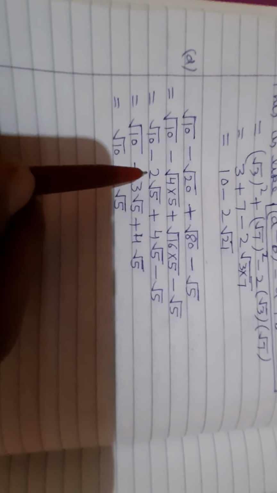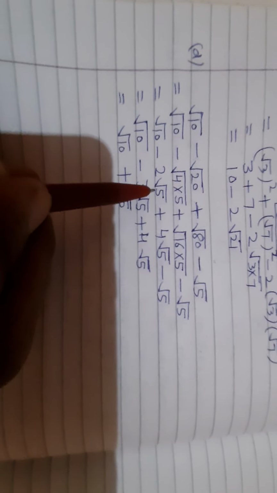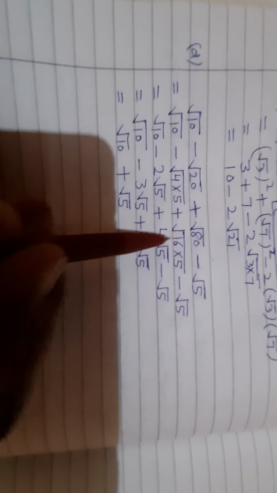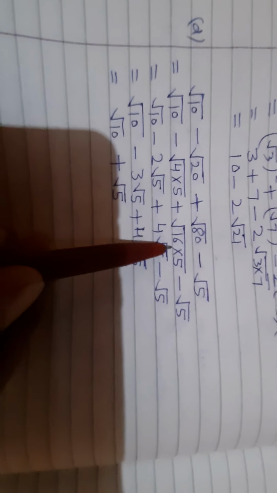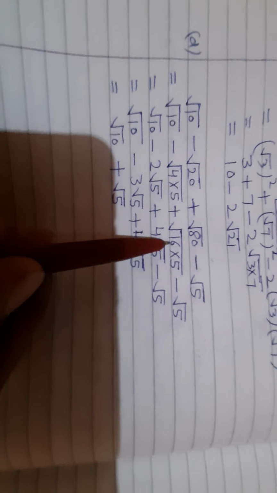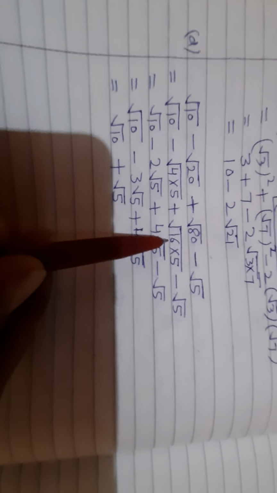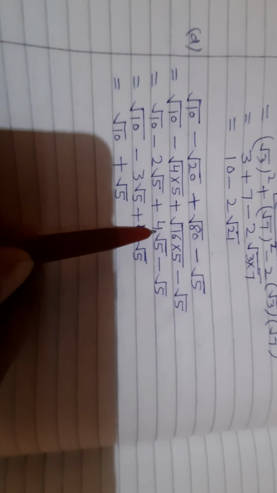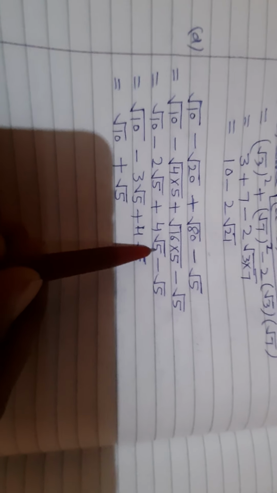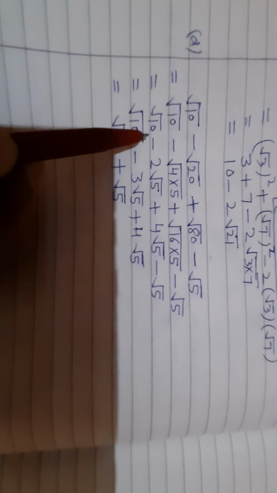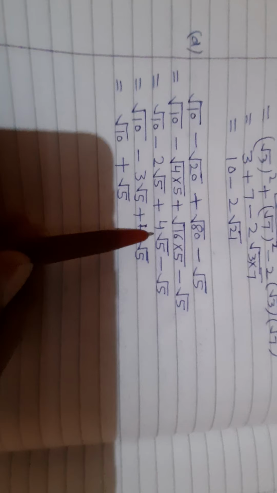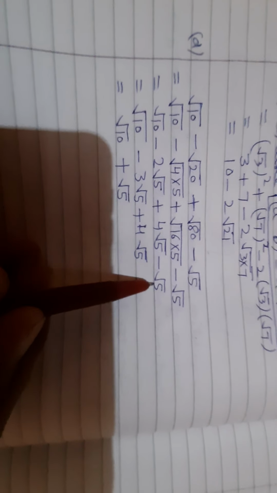So out of under root 20 we got 2 under root 5. Similarly, square root 80 can be written as 16 multiplied by 5, and 16 is a perfect square. The square root of 16 is 4, so we get 4 under root 5. Now the overall expression is square root 10 minus 2 square root 5 plus 4 square root 5 minus square root 5.